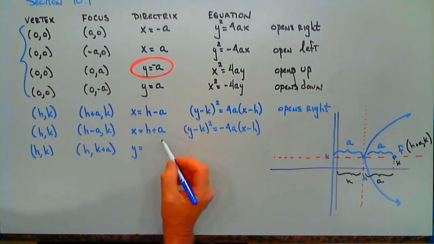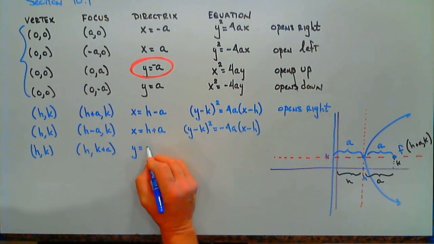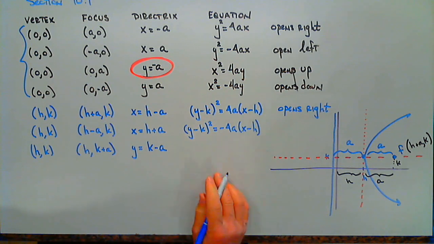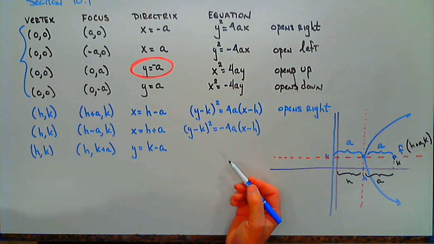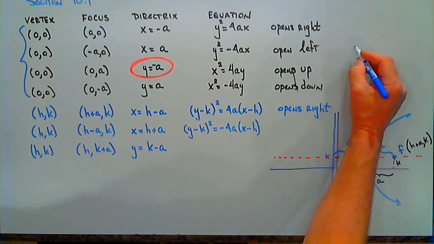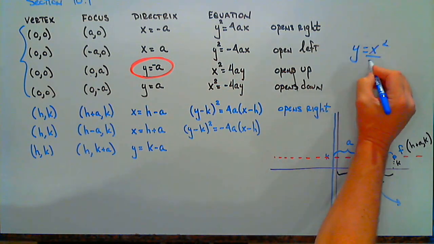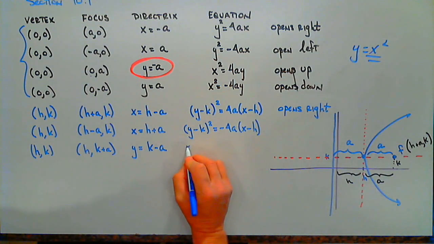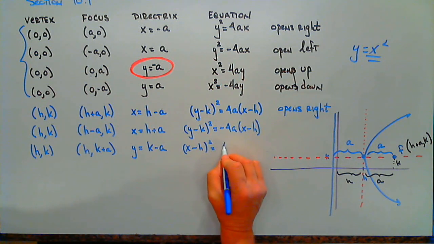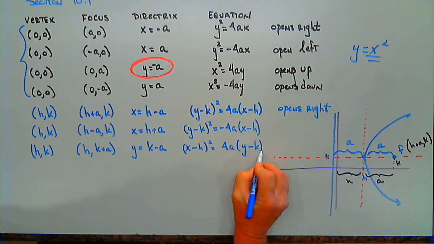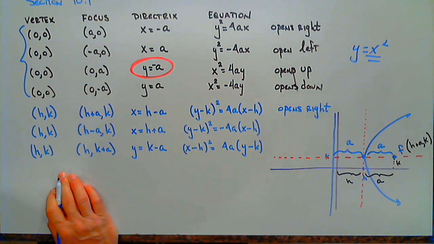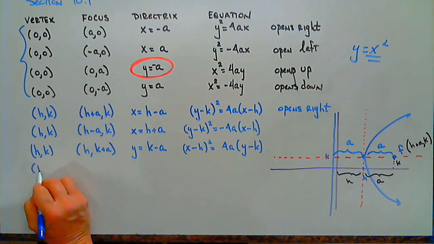And we're working on y, so that's going to be k minus a. Now we want it to open up. If it opens up, x is going to be squared, right? We learned that in Algebra 1. X is going to be squared. So this is going to be x minus h squared equals 4a times y minus k. And then our last one.